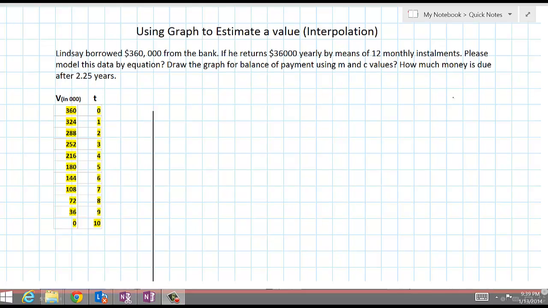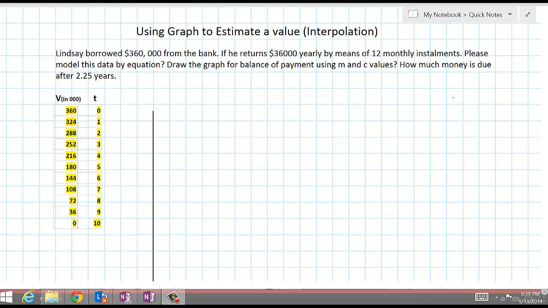So there are a few questions we need to answer, but we need to remember that the dependent variable in this is the balance of payments. How much money was borrowed at the start? $360,000 when time was 0.